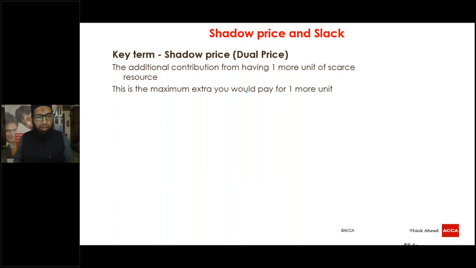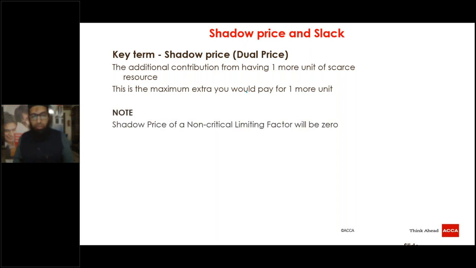So this is the maximum extra you would pay for one more unit. It is important to note that the shadow price of a non-critical limiting factor will be zero.